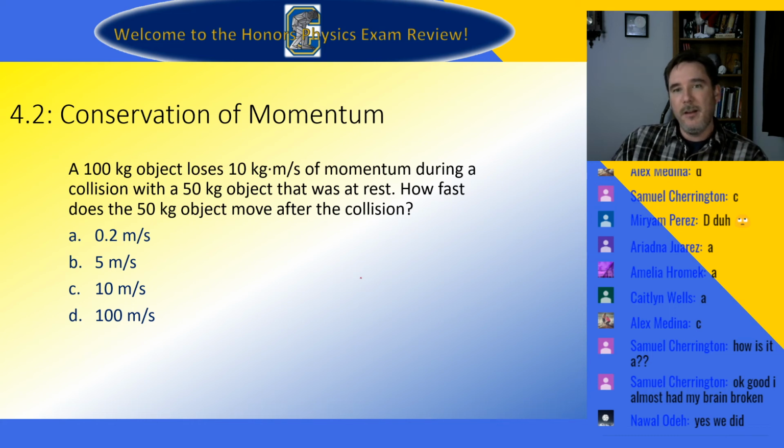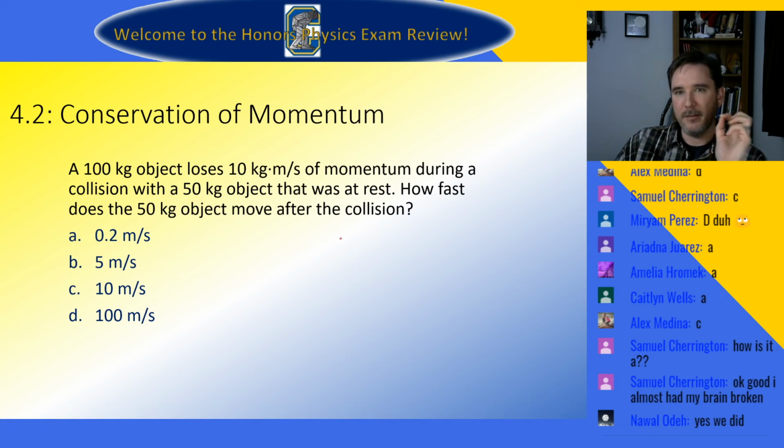All right, so a lot more numbers here. A 100 kilogram object loses 10 kilogram meters per second of momentum. Now you don't have to do a chart problem here. You barely have to do much math. Just think it through.